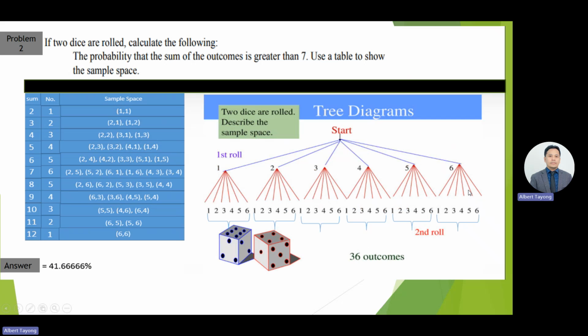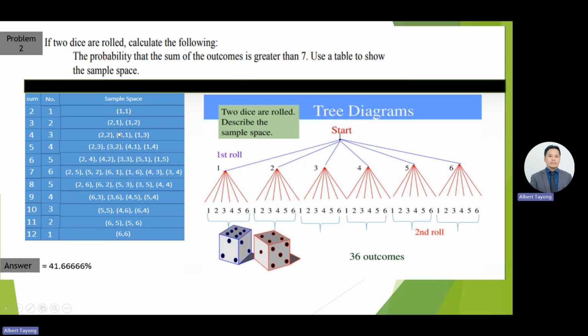Okay, so here, as you can see in our table, the lowest sum, as I said, is 2, and the highest sum is 12. So if you're going to look at it, the only pair that will get a sum of 2 is 1,1. So there is only one pair.